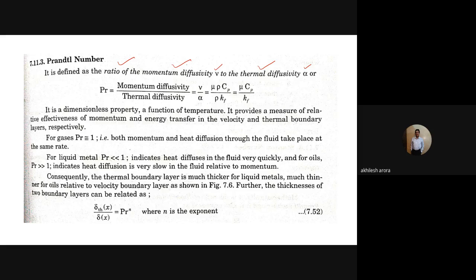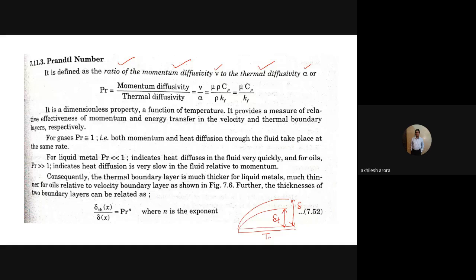Basically, suppose we have a flat plate here, and there will be two types of boundary layer. Let us say this is the thickness of the velocity boundary layer, and this is the thermal boundary layer delta T, and this is the flat plate.